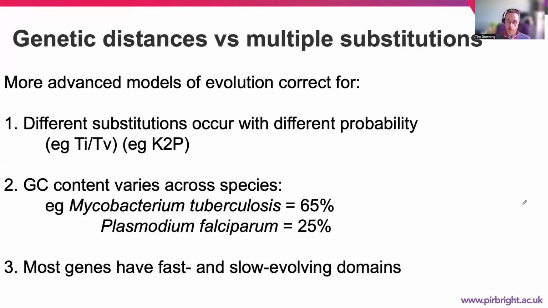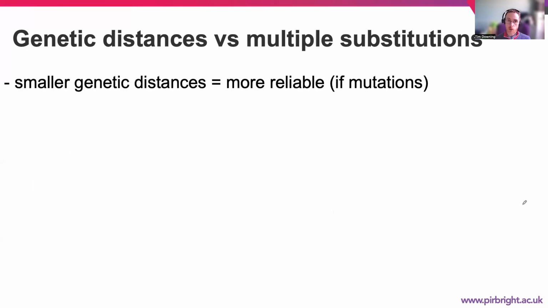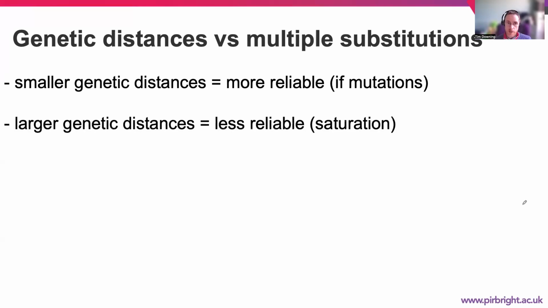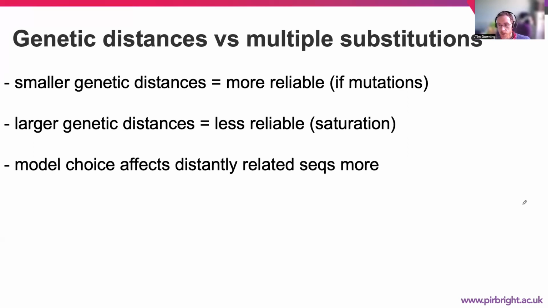So where possible, what we can do to combat this is use smaller genetic distances, which are more reliable. Larger genetic distances are less reliable because we'll have this saturation effect of multiple substitutions. The divergent sequences are more affected by the substitution model choice, and therefore it's more important if you have more divergent samples being examined.